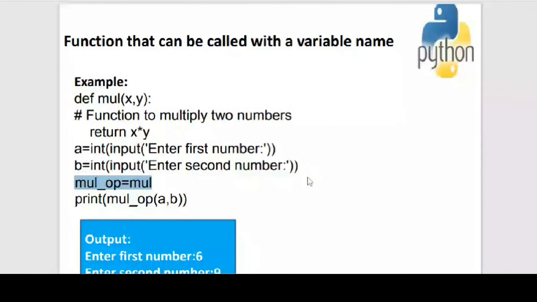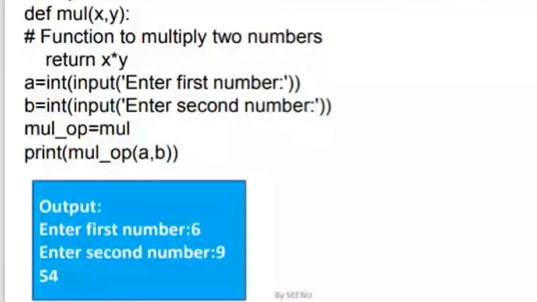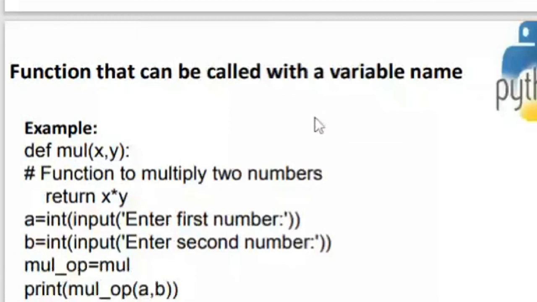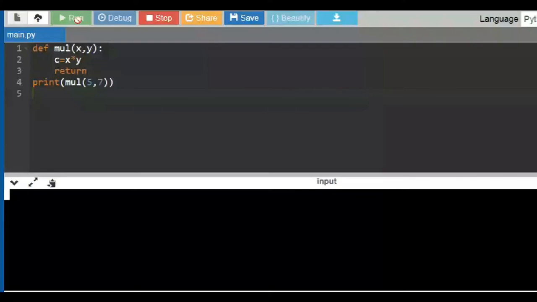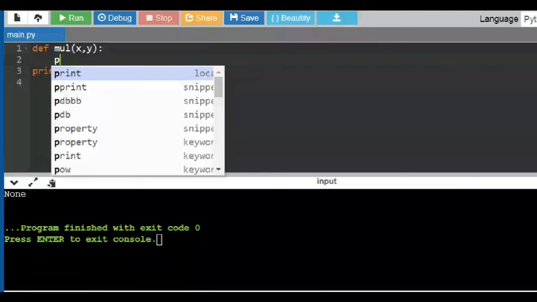This is an additional feature that you can see in Python. You needn't put the parenthesis and all that. Just look into the syntax: mul underscore op is equal to mul. That's it, I have just assigned it. Back to our program, I can also write a print statement wherein I can directly do the multiplication.